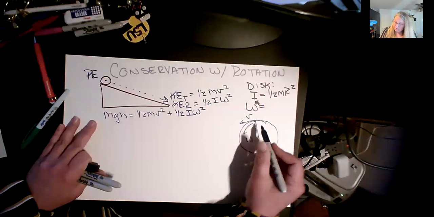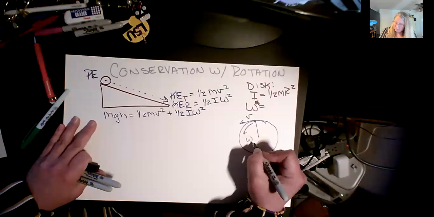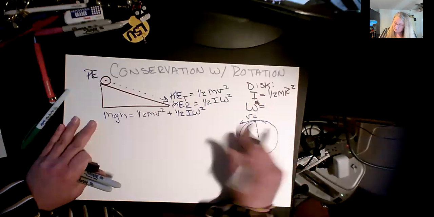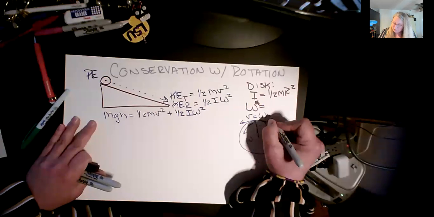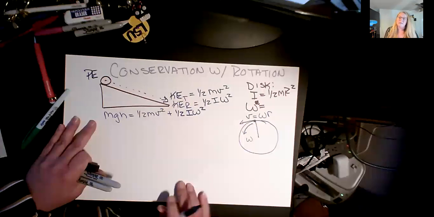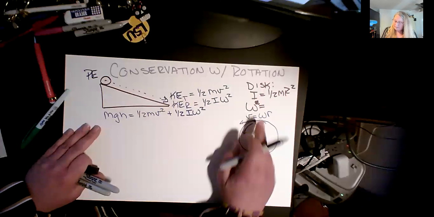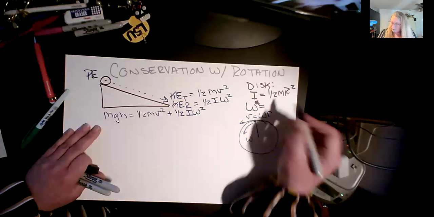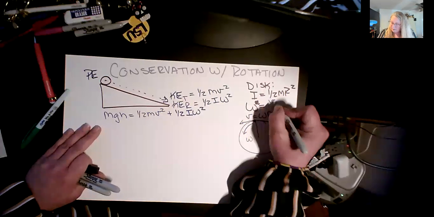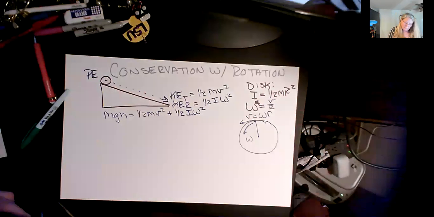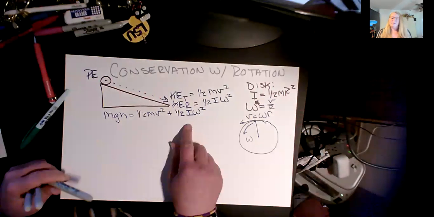So if I am rotating, then my tangential velocity is going to be that rotation times the distance away that it is. That means that omega is going to be velocity divided by r. And why do I bring that up? Because I feel like we can simplify this down.